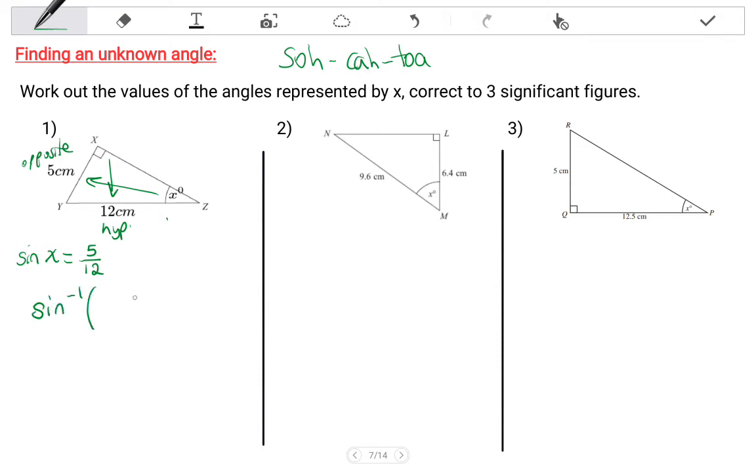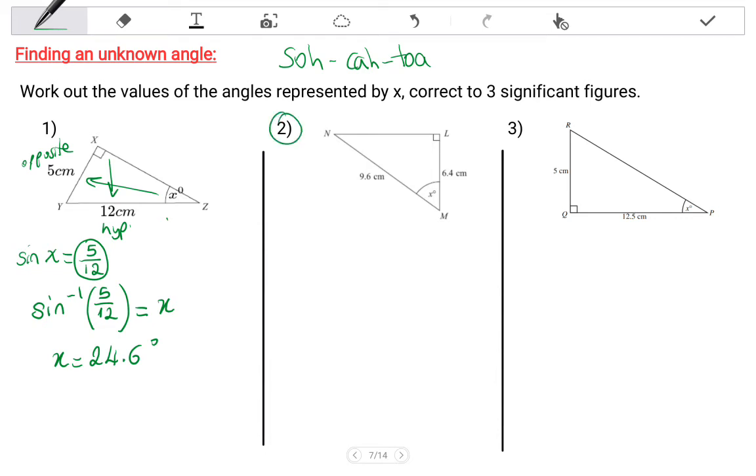You're going to write the ratio 5 over 12 within the bracket and make it equal to, and the answer is going to be your x value. When you press the equal sign, you're going to see your answer correct to 3 significant figures: 24.6 degrees.